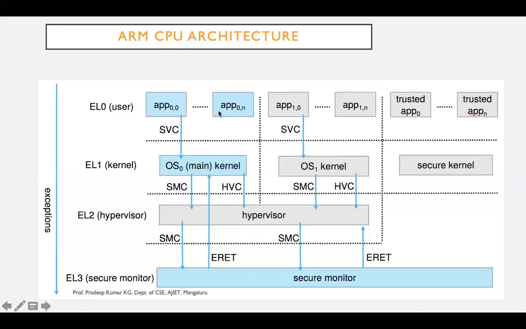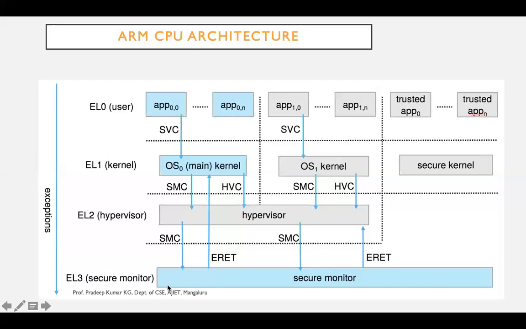With respect to that ARM CPU, at the top we have exception level 0, nothing but user level exception or user dependent exceptions. Then we have exception level 1, that is kernel level, exception level 2, that is hypervisor, and exception level 3, that is secure monitor.